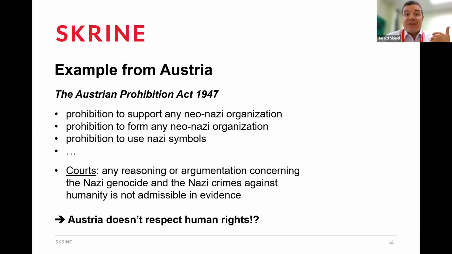But when you know these facts, then you will easily come to the conclusion that this law was made right after the Second World War. And I can tell you that Germany has a law that's quite similar in some ways, because the people who were in power in Austria back then thought that all of this is so important.